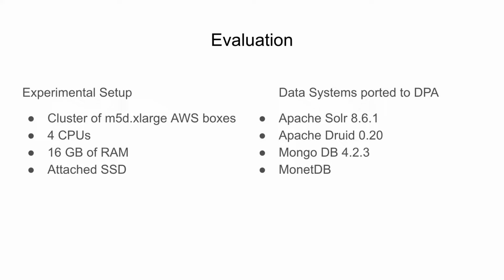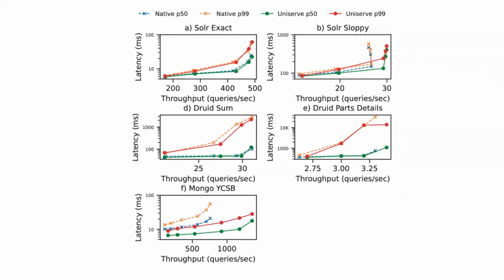load balancing and elasticity. So this first benchmark is for throughput versus latency for the system's native distribution layer and their DPA ports on uniform workloads. And each benchmark is run with several workers who repeatedly query the system and wait for it to complete.